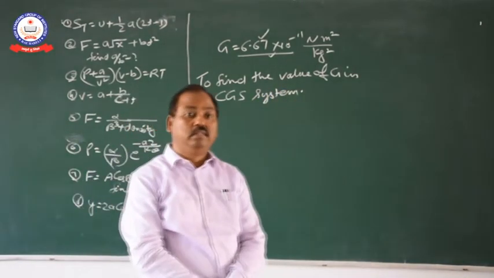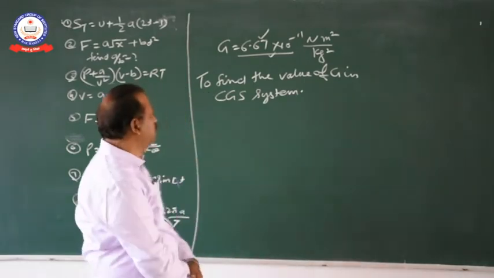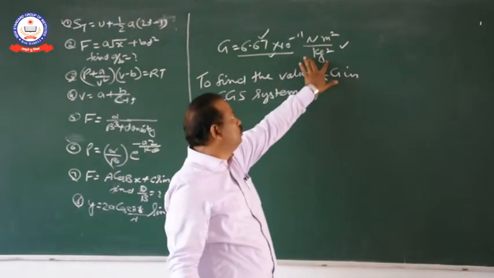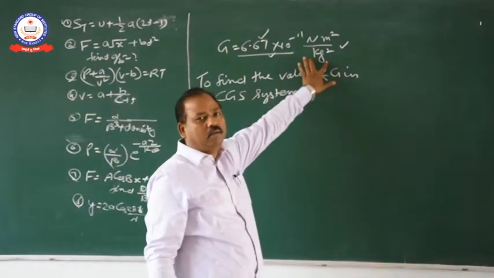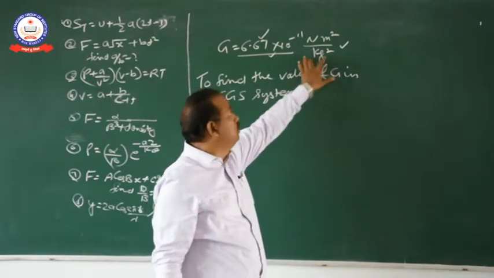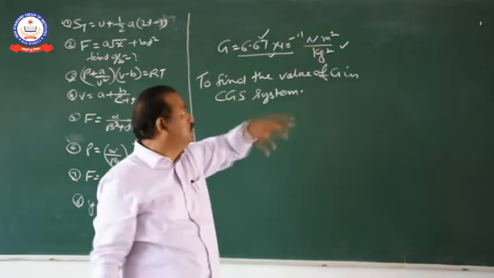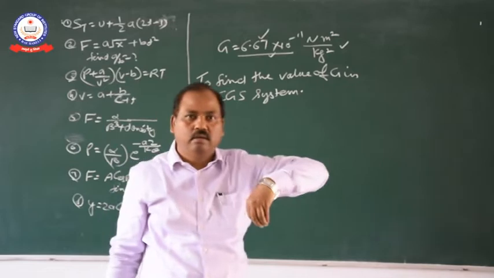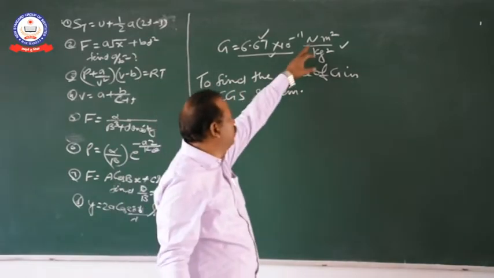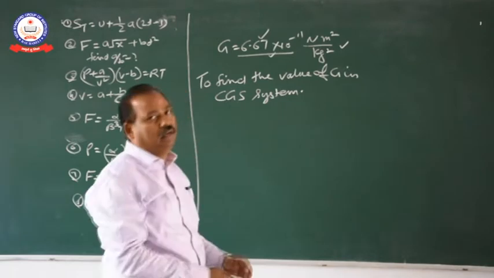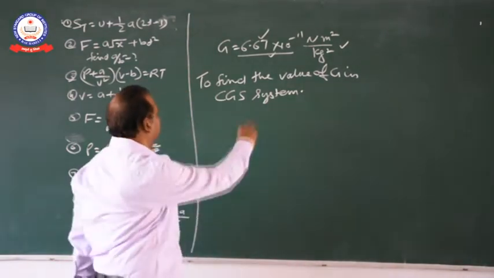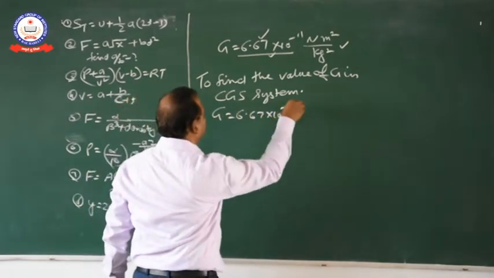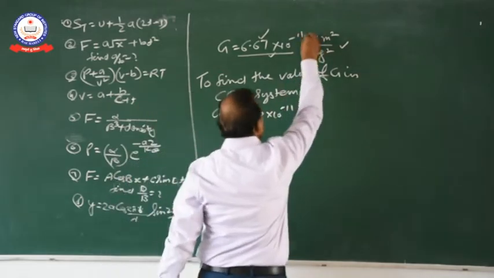For this, first you convert this unit into fundamental units, because Newton is the SI unit of force, but here we convert into fundamental units. Okay, first you write G equals 6.67 into 10 raised to power minus 11 Newton.